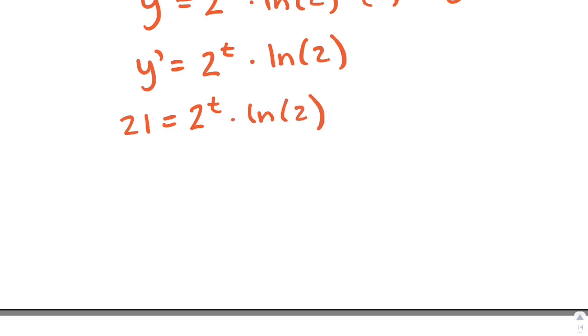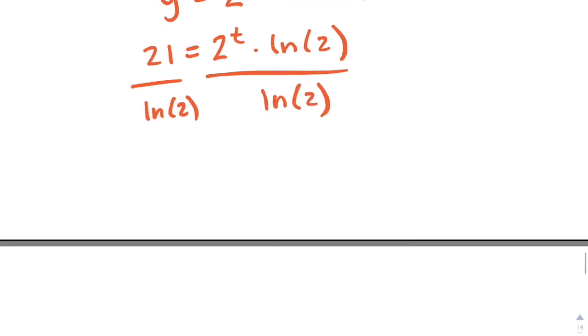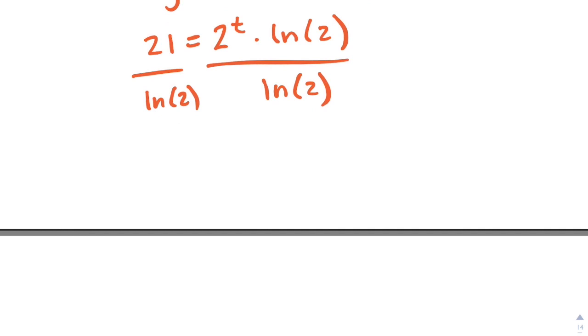And then the last part is going to be dividing by the ln of 2. This looks really weird. Do not divide by 2, divide by ln of 2. We get a result of 21 over the ln of 2 is equal to 2 to the t power. When you go to solve this, you have to drop the t down.